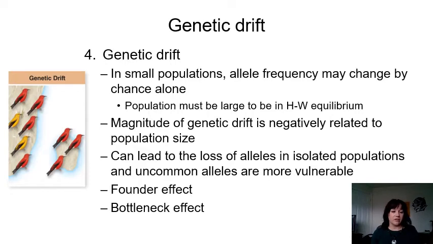If a very small subset of the mainland birds left, in this case only 3, and it just so happened that none of the yellow birds left, then there are no yellow birds on that new island, and over time, red is going to predominate as the feather color in these birds.